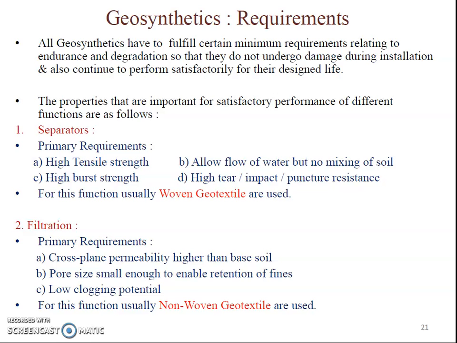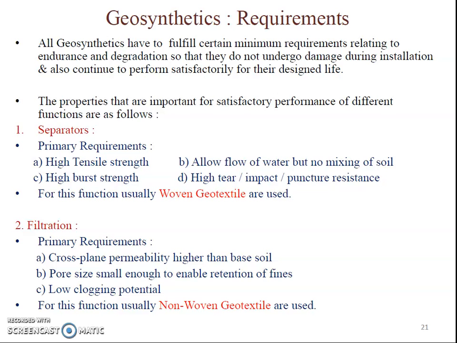The second function is filtration. Whenever a material is used as a filter, there are some requirements. The cross-plane permeability should be higher than that of the base soil. Permeability should be higher because we use it as a filter, so the material should have good permeable properties.